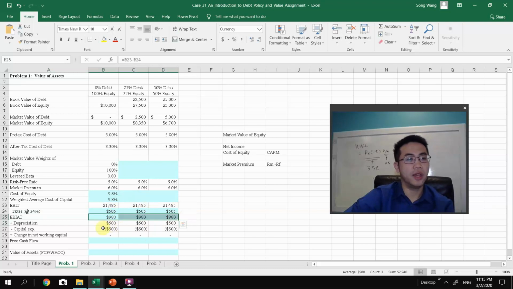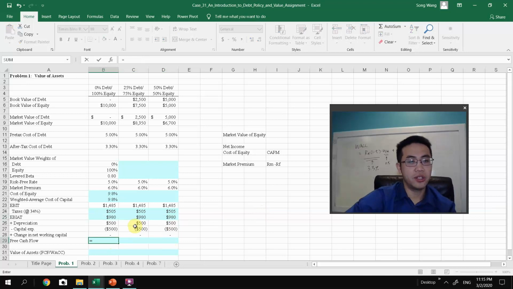Okay, and then you need to add back depreciation. You need to subtract all the capital expenditure. You also need to incorporate the change in net working capital, which are the important ingredients to calculate free cash flow. So if you combine all of this, just take the sum of all the numbers here.